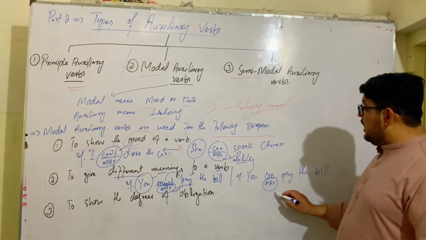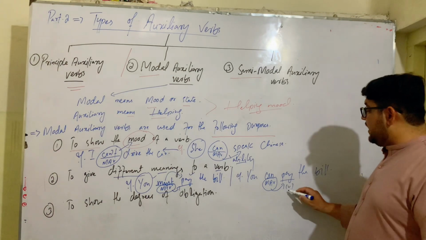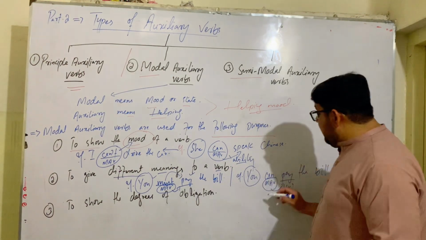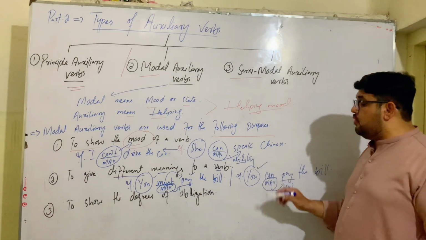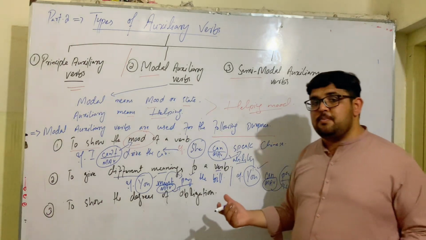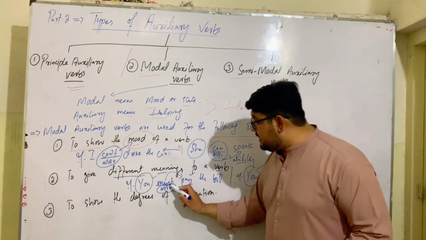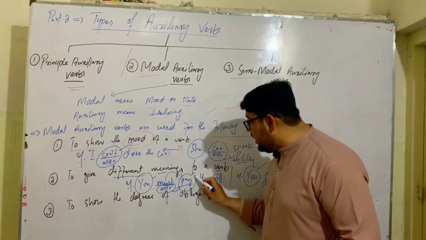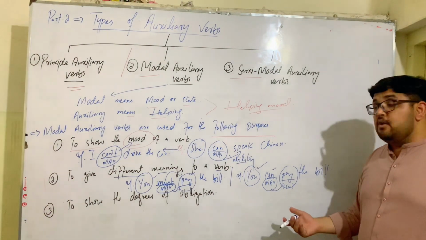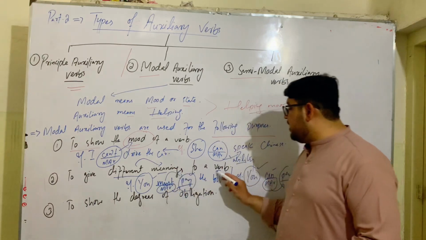It shows possibility here, possibility that the subject can pay the bill if he or she wants. And if the subject refrains or denies to perform the action pay, there is no consequence because can talks about possibility. So with one modal auxiliary verb, this word pay gives one meaning. With another modal auxiliary verb, this pay gives another meaning. So modal auxiliary verb gives different meaning to a verb in a sentence.